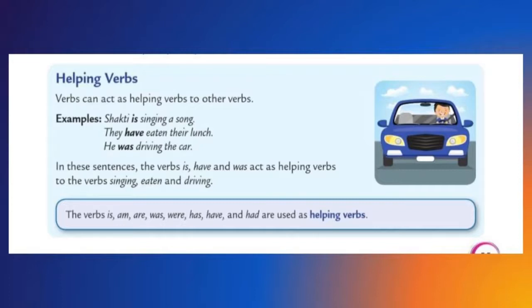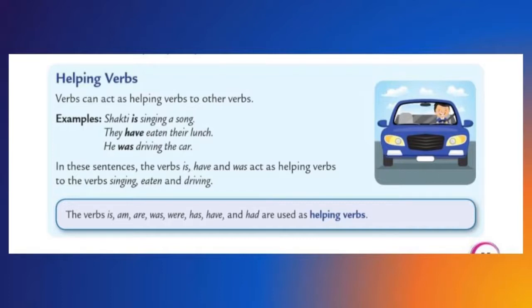Some verbs do not show any action or activity, but still these verbs are very important in our life because along with nouns they are very useful. They act as a main part of a sentence. So is, am, are, was, were, has, have and had are the most important helping words.